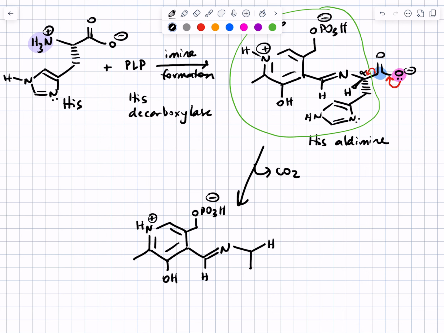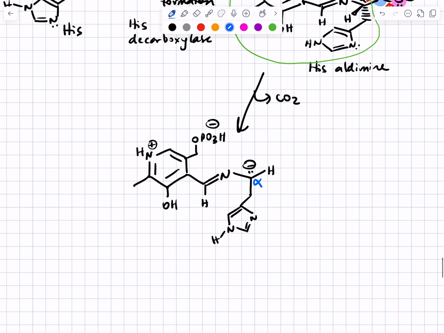Instead of tautomerizing, we decarboxylated. There's the histidine side chain, and now the alpha carbon is negatively charged. So before, we removed the alpha proton to get a resonance stabilized, negatively charged intermediate. Here, we did decarboxylation to also get a negatively charged, stabilized intermediate. Notice that by resonance, I can put the lone pair and negative charge on each of those atoms.